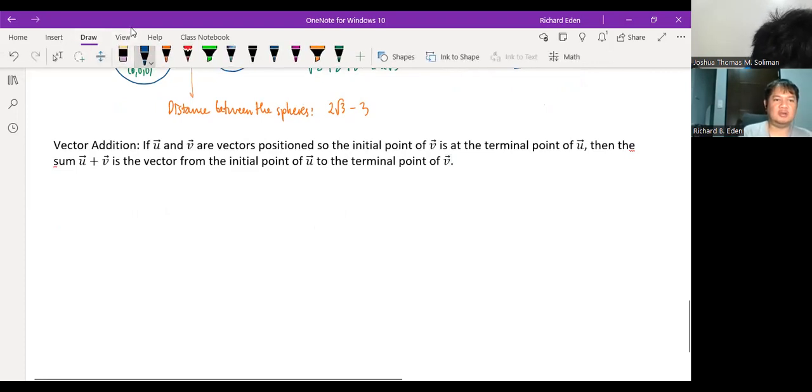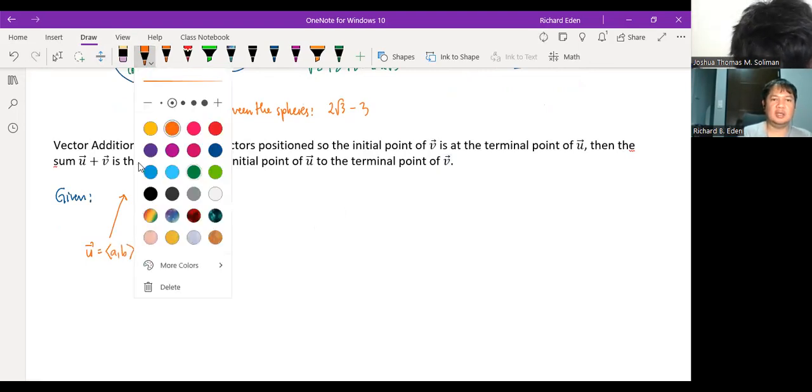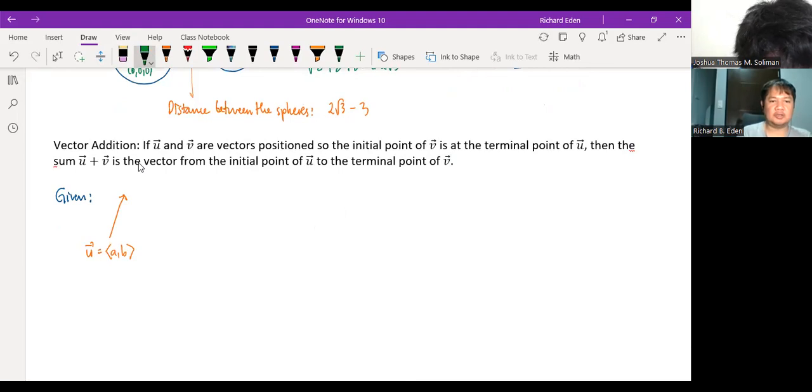Let's say we are given the following: orange vector U with components A, B, and green vector V with components C, D.